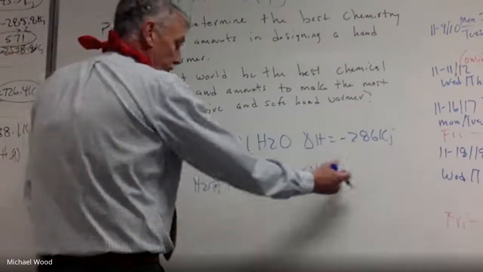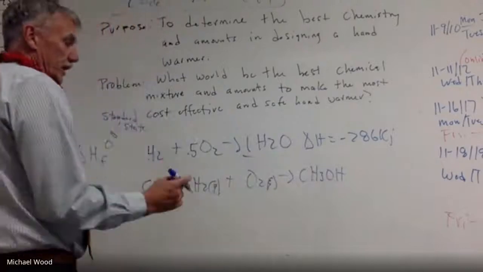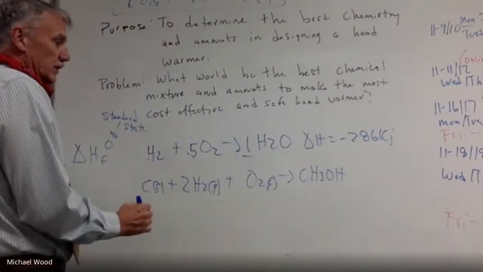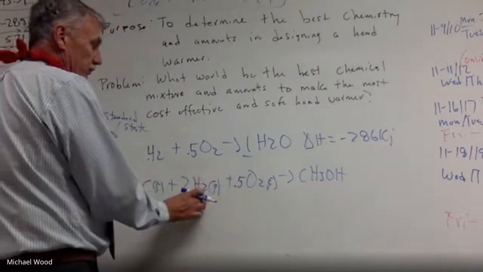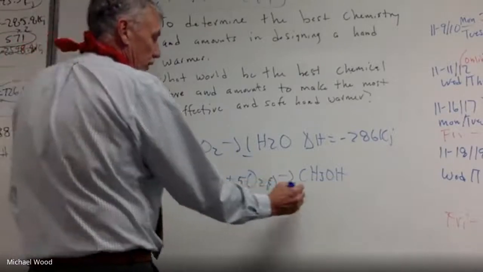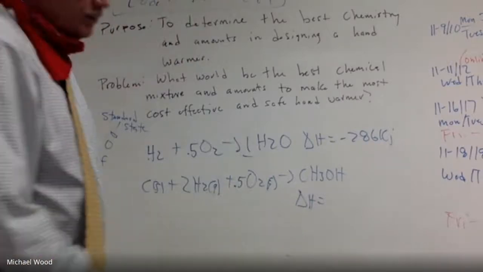I'm just showing the formation of this from its elements. Then if I go back and balance, I put a 2 here, and I would put a 0.5 there, so 1 carbon, 4 H's, 1 O, and then the delta H was right in that table.